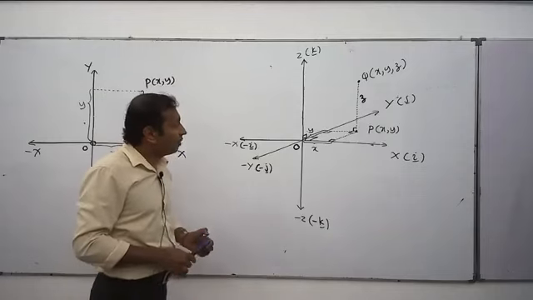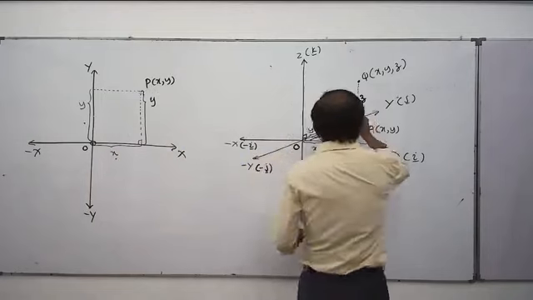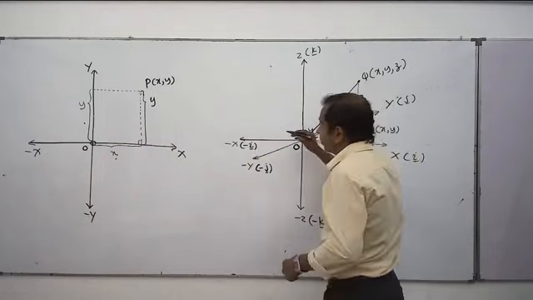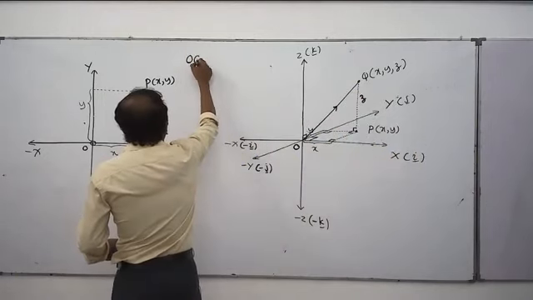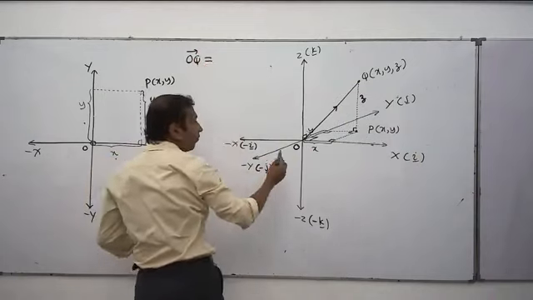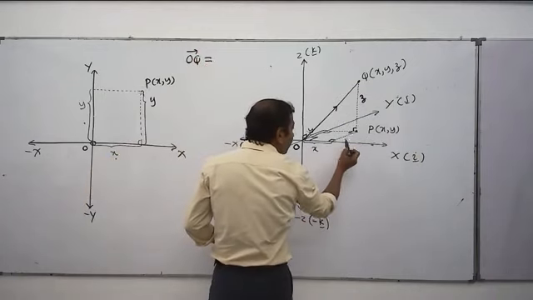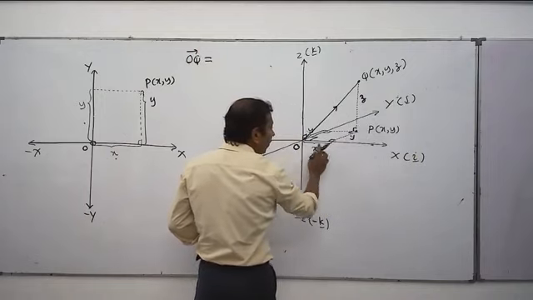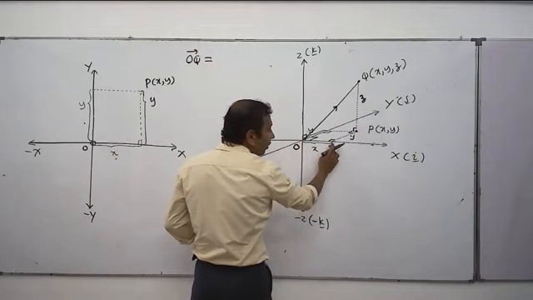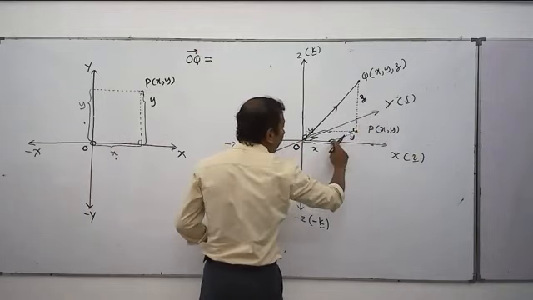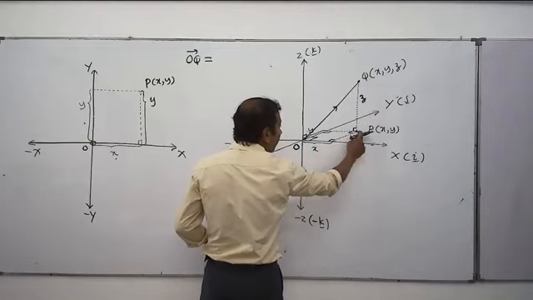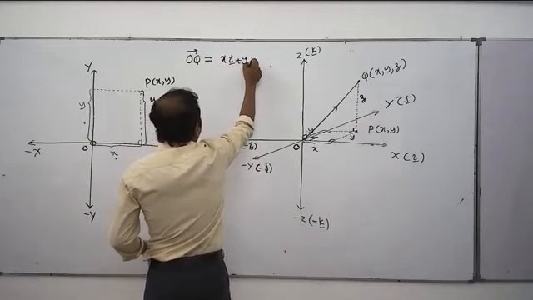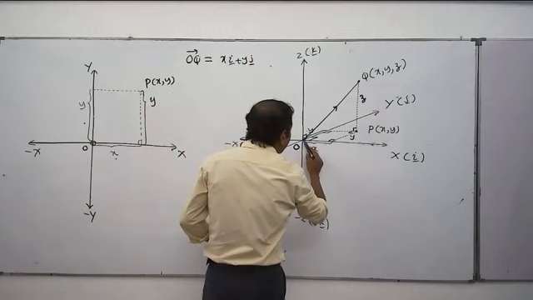Yeah. Now let's see, people, how to write the position vector of this Q. OQ, position vector in the space. OQ position vector, people, we write like this. This O to P vector, you know, this length is x, this length is y. Then OP vector, we can write xi, this is the vector. This length is y, parallel to j, yj. Then this OP vector is going to be xi plus yj. And now this vector we know.